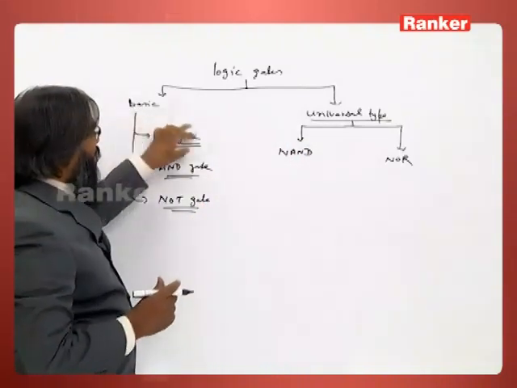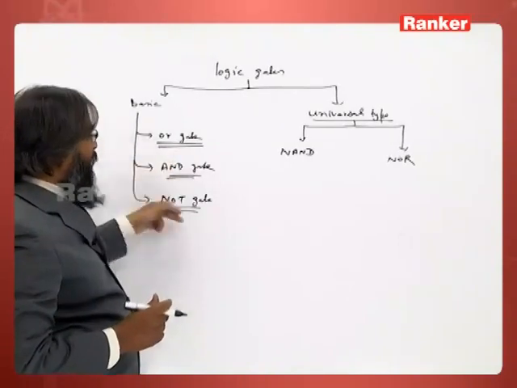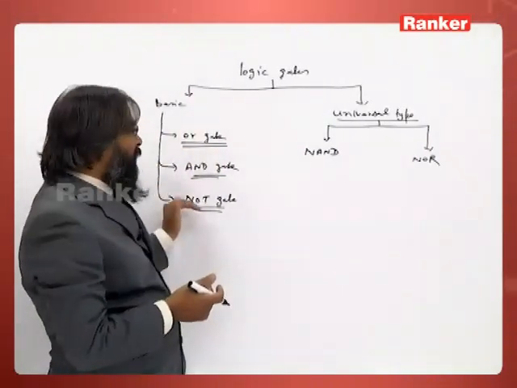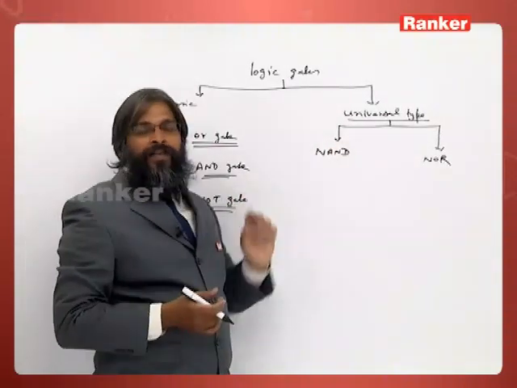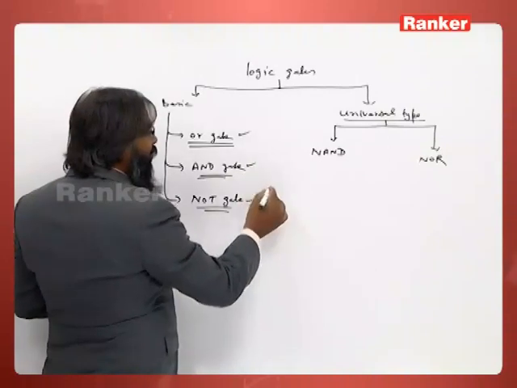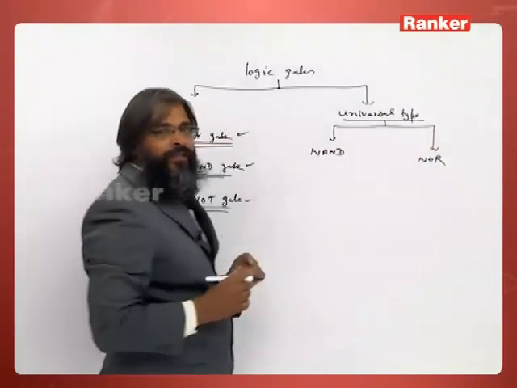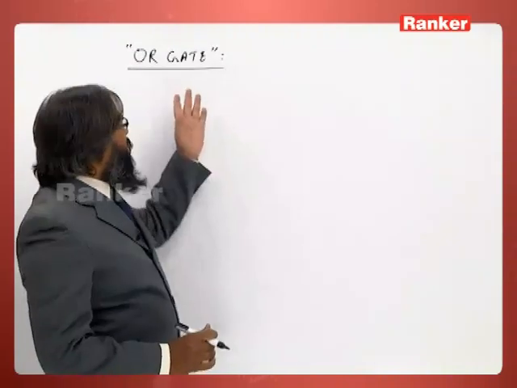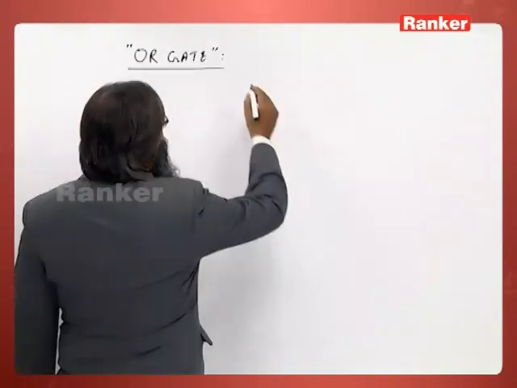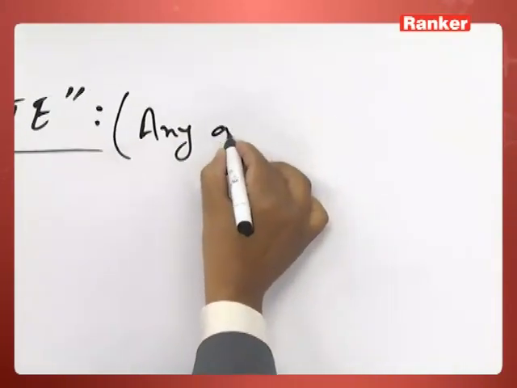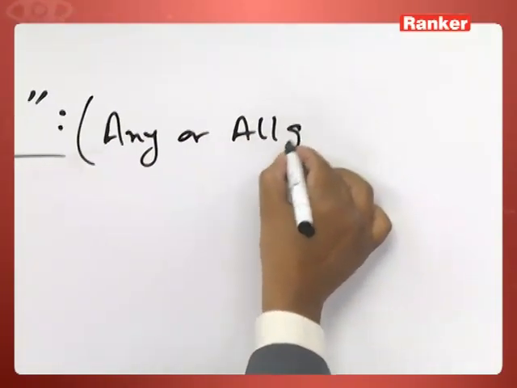But if I have only an OR gate, I cannot develop AND, NOT, NAND and NOR. So these are basic ones and these are universal gates. First we will see the OR gate, then AND, then NOT, then these. So let us start with the OR gate. Now let us see the OR gate.